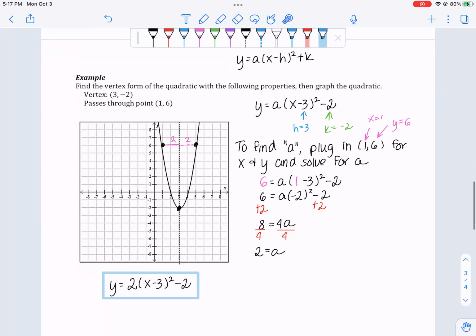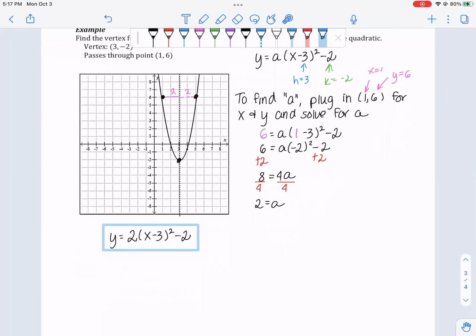Something as a last point for this video, although maybe it doesn't belong in this video, but that's where I'm putting it. If you ever want to go back to standard form, because this guy's in vertex form. Standard form, remember, is the form that is ax squared plus bx plus c, whereas vertex form was y equals a times x minus h, quantity squared plus k.